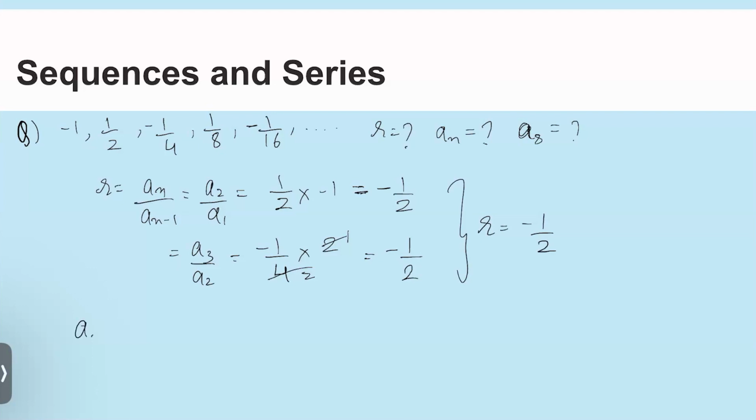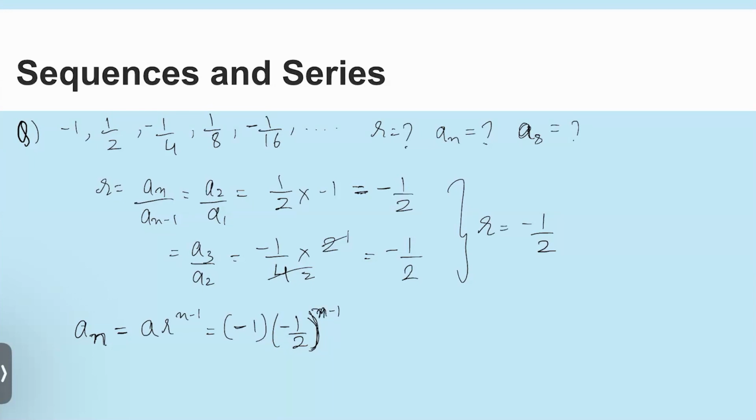Now any general nth term would be a r raised to n minus 1. So what is our a? a is minus 1, and r is minus half, raised to n minus 1. Now the sign of this formula would depend on your n.